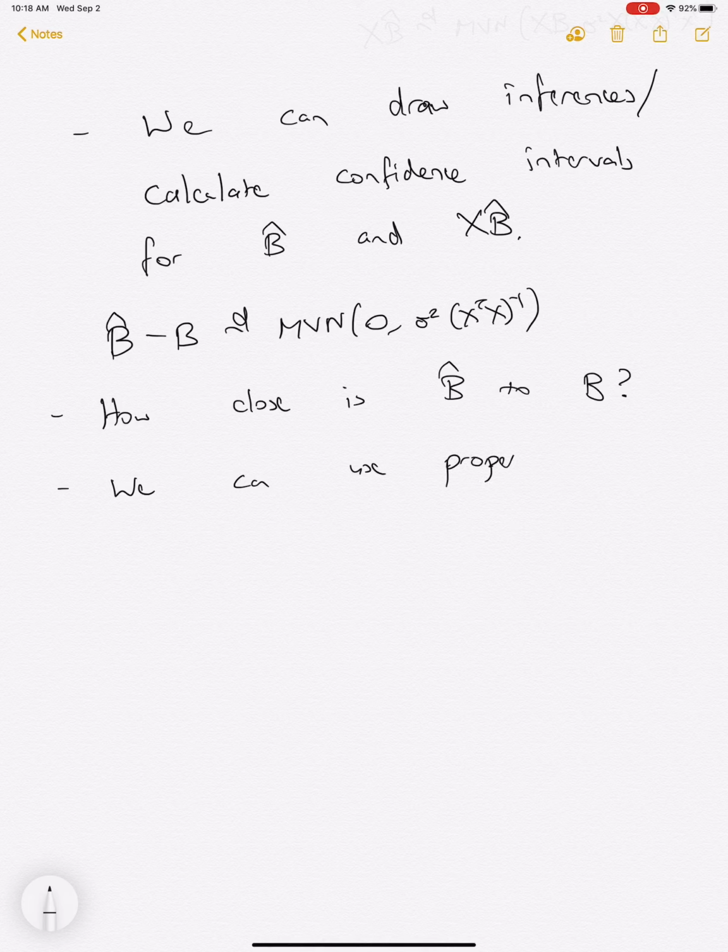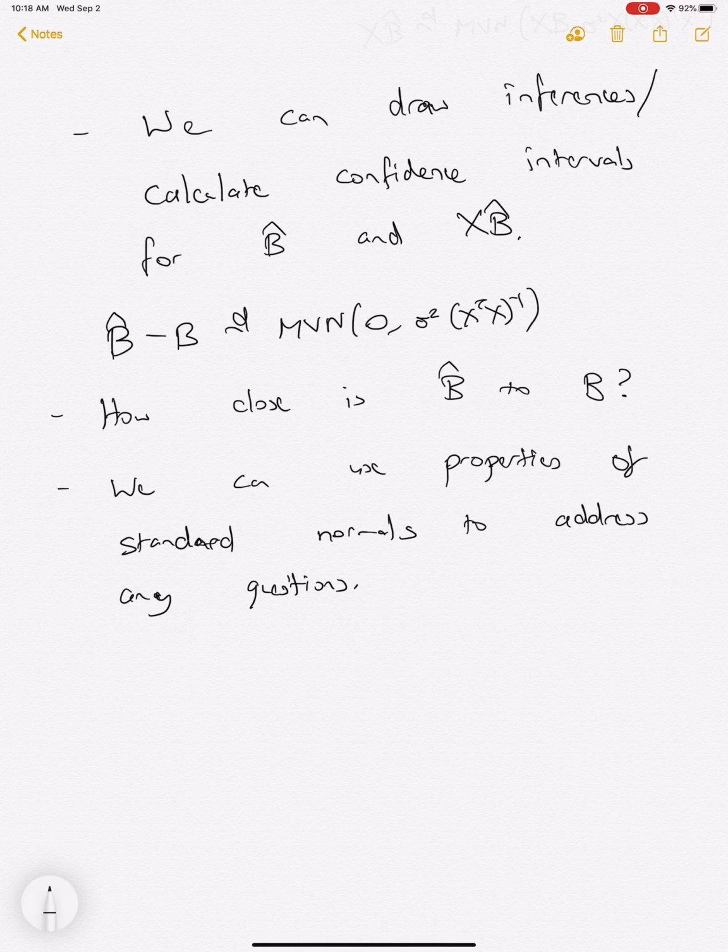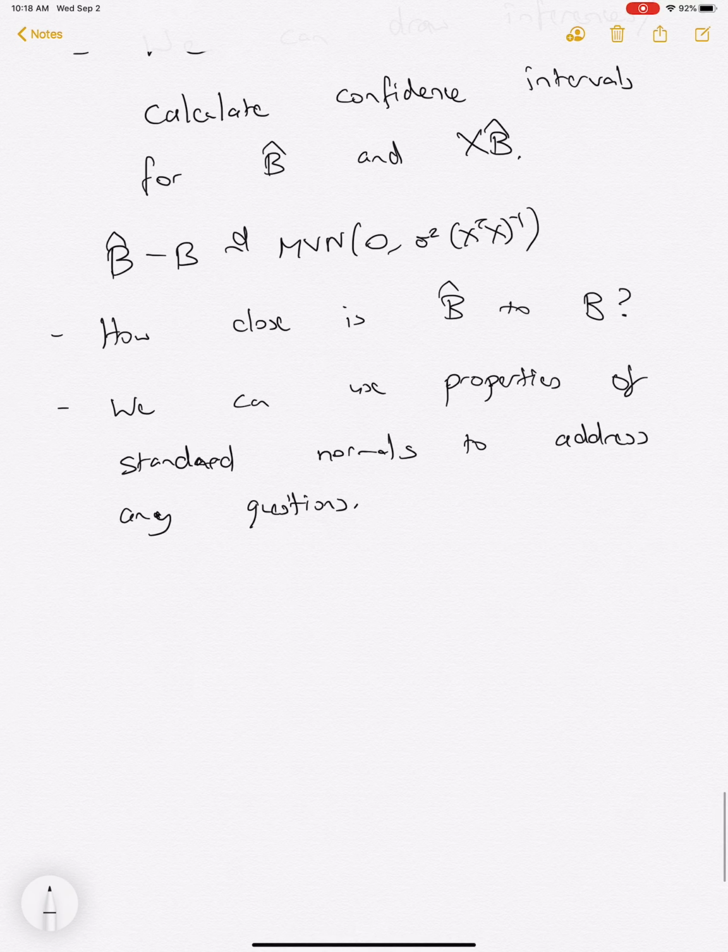Properties of standard normals. So, that's great because b hat minus b is a p-dimensional vector.